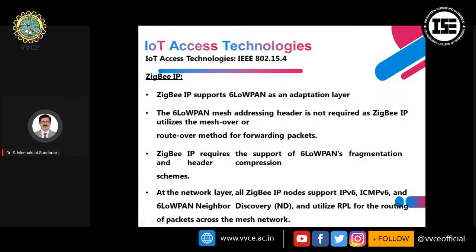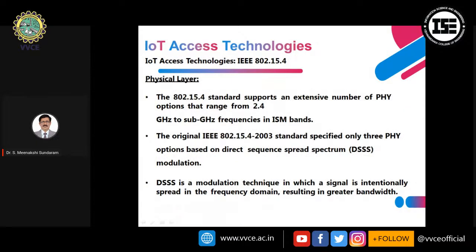And ZigBee IP supports the 6LoWPAN adaptation layer. The 6LoWPAN mesh addressing header is not required as ZigBee IP utilizes the mesh-over routing method for forwarding packets. So at the network layer, all ZigBee IP nodes support IPv6, ICMPv6 and 6LoWPAN neighbor discovery, and utilize RPL for routing of packets across the mesh network.